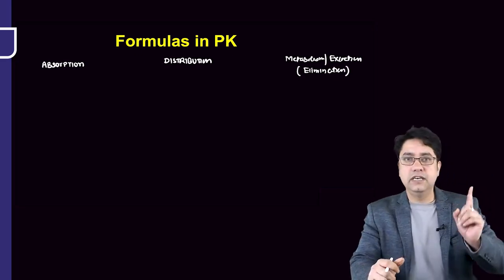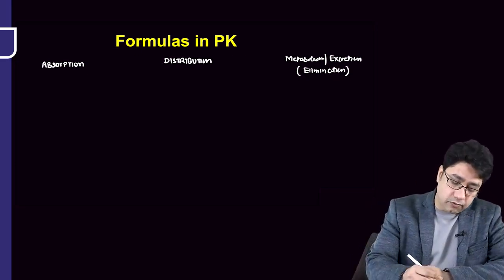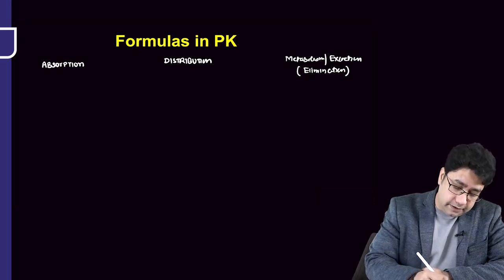So in absorption, we calculated a formula for BA. Symbol was F. So BA was bioavailability of a drug.